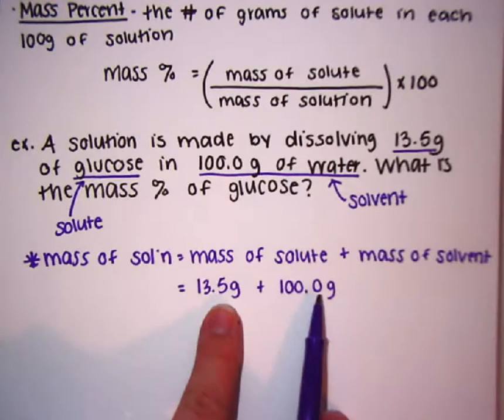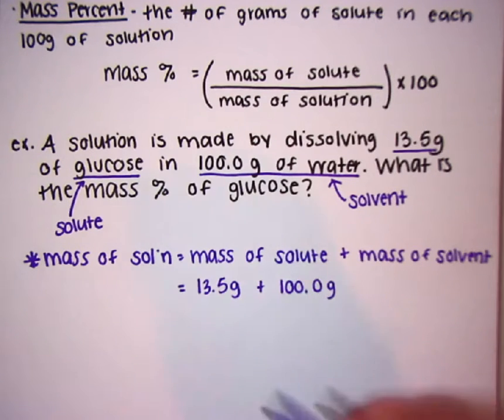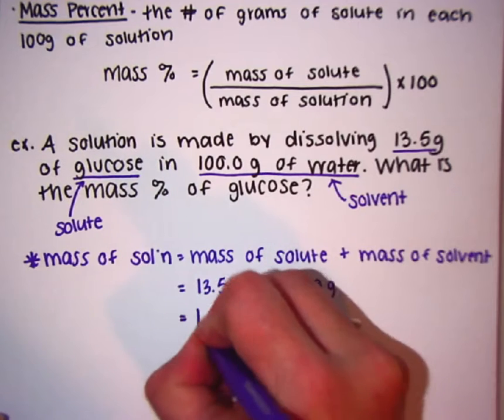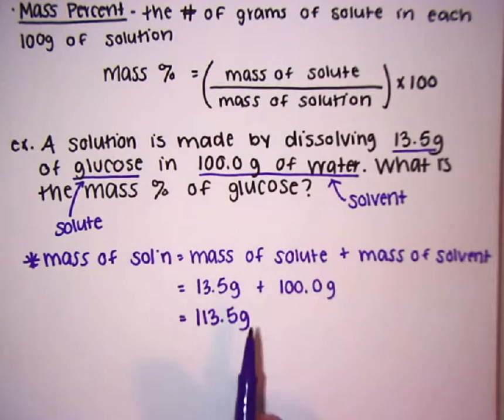Remember, when adding or subtracting, the least number of decimal places determines how many decimal places go in your answer. So I would have 1 decimal place. The mass of my solution is actually 113.5 grams.